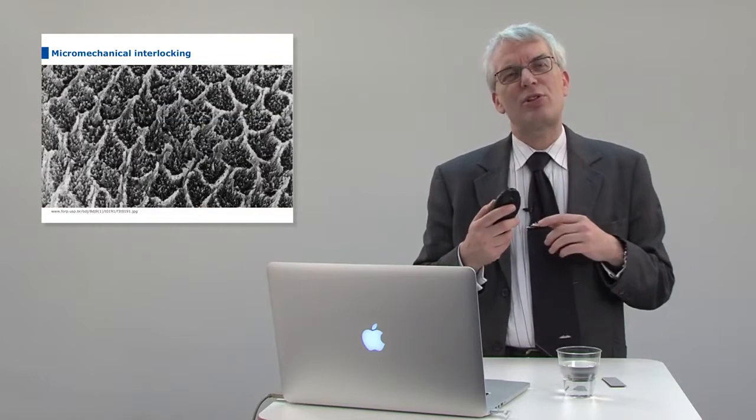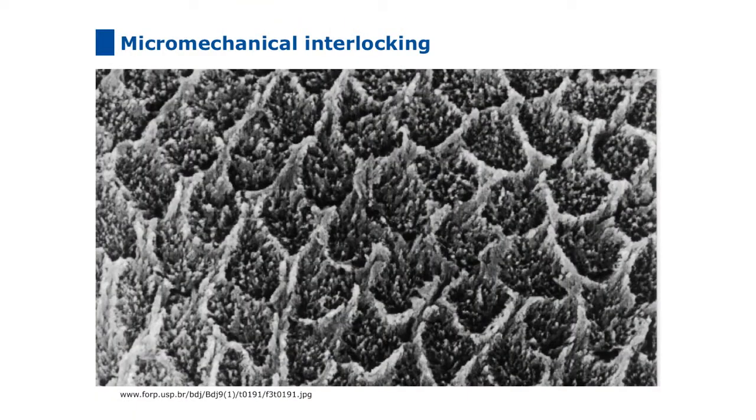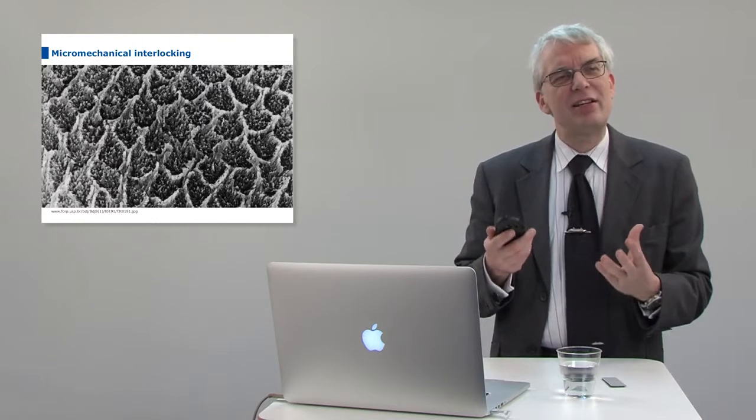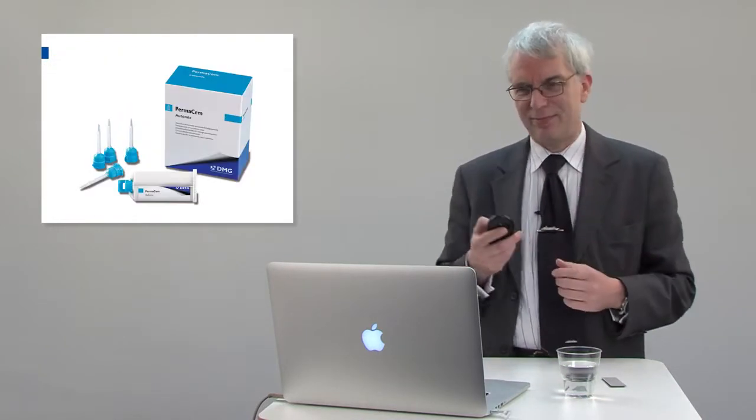But it also works on a lower level, like when we etch enamel and we put a bonding agent on this etched surface, then these cured resin parts interlock with this surface, and this is quite a strong bond. So micromechanical interlocking is also a driving force in cements.